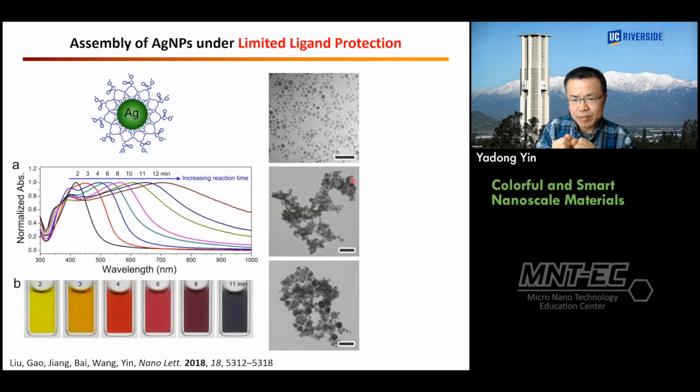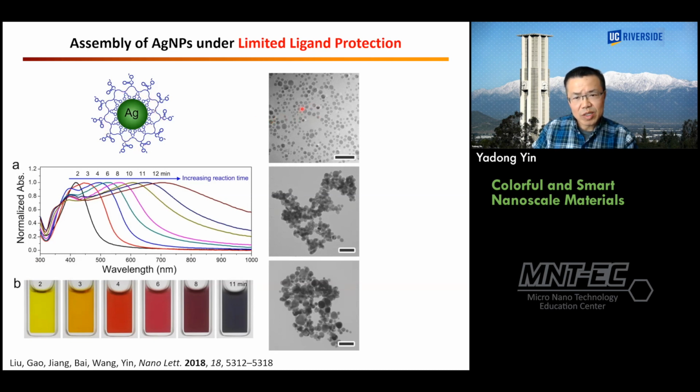Basically, if the particles are close to each other, their electron resonance behavior is going to be affected by the neighboring particle. Okay, and then the optical property will be different. In this case, which was published a few years ago, we made silver nanoparticles and used polyacrylic acid as the capping ligand. So they basically wrap the particle surface.